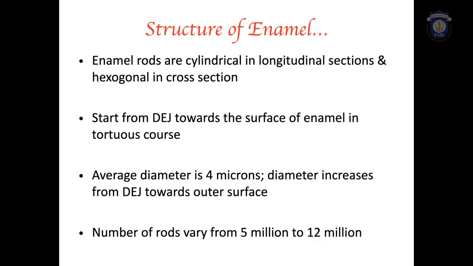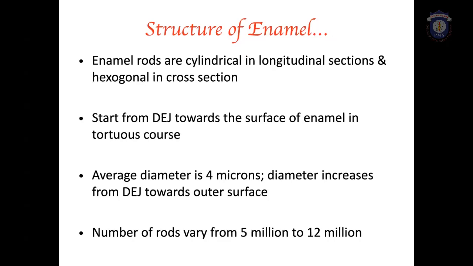It will look like a cylinder in a longitudinal section, as you saw in the last picture. And it looks hexagonal in cross section, more like how you see a squamous cell, with those hexagonal sides. So enamel rods will look like a hexagonal crystal in cross section, and like a longitudinal cylindrical shape in a longitudinal section.